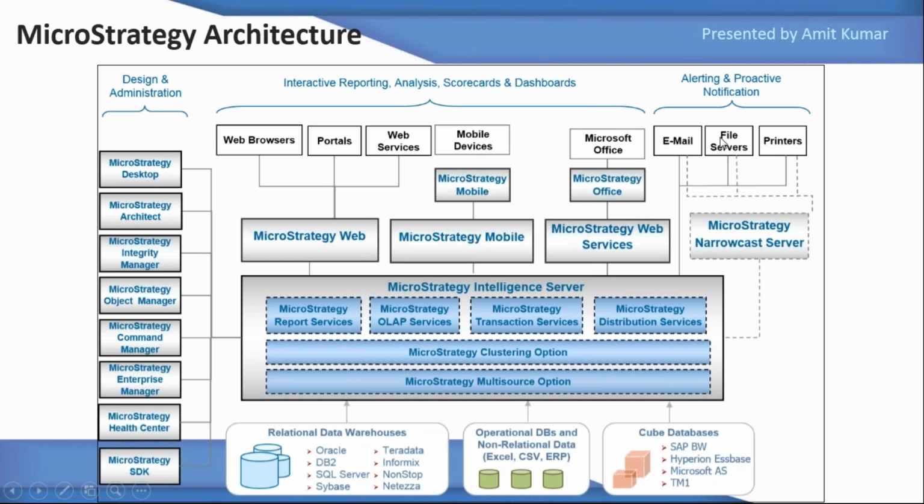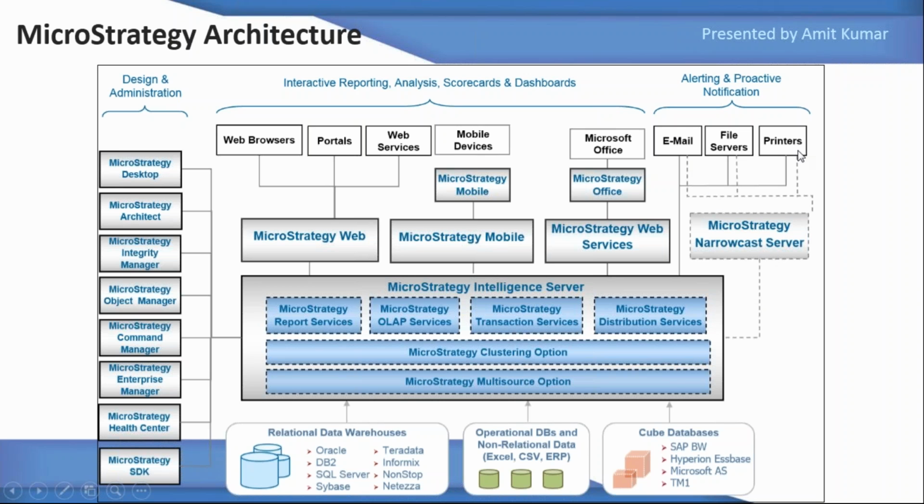What is NarrowCast Server? This is also a product of MicroStrategy. It is a kind of job-based activity. It creates a schedule where it will run at a particular specific time, say in the morning, and it will send emails to a bulk amount of users.